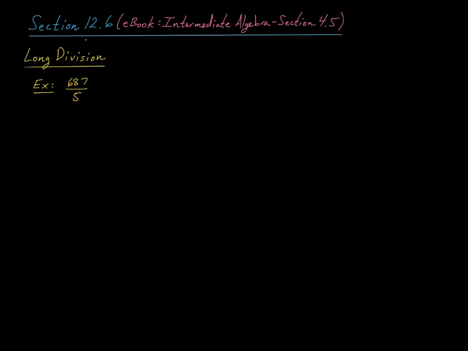As an example here, we have 687 divided by 5. If we're going to use long division to carry this out, we say 5 goes into 6 once, and then you do 1 times 5 is 5, and subtract, so that's a difference of 1, and then we carry the 8, and then you play the game again. 5 into 18 goes in 3 times, 3 times 5 is 15, subtract, we get 3, and then carry down the 7. 5 goes into 37 7 times, 7 times 5 is 35, and subtract, we get 2.